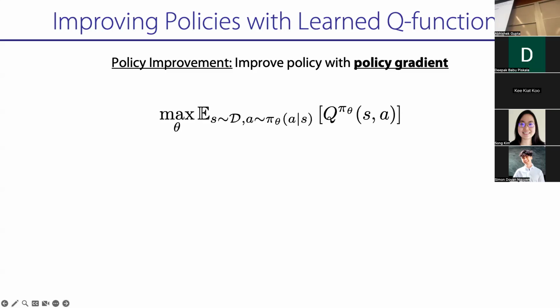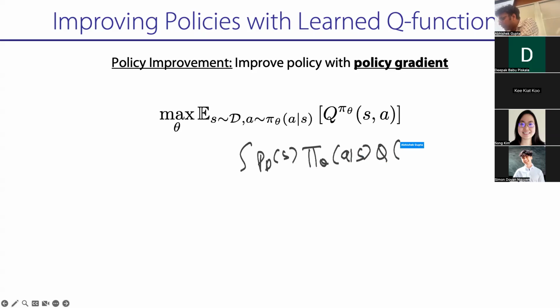So this is going to be an integral over S drawn from some data set, let's call it with some likelihood p_D, times pi theta of A given S, times Q of S, A, dS dA.